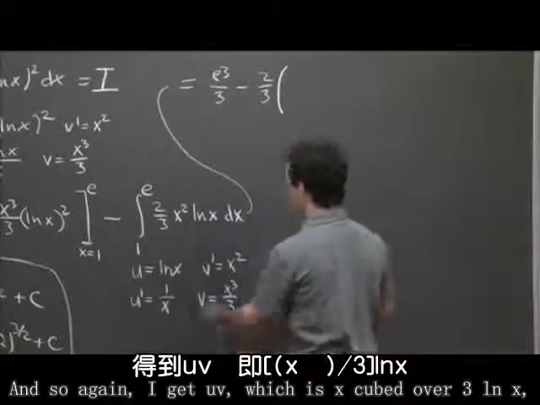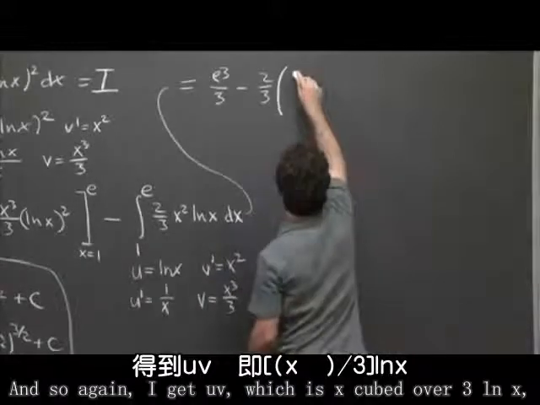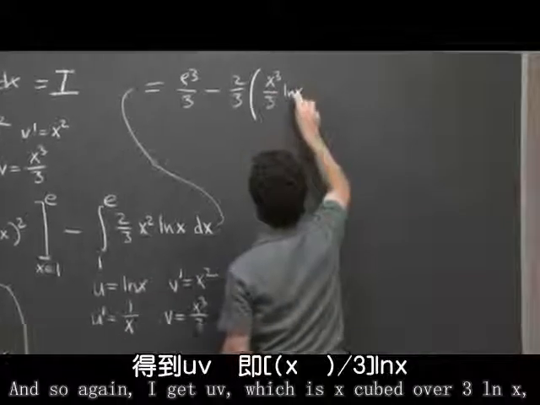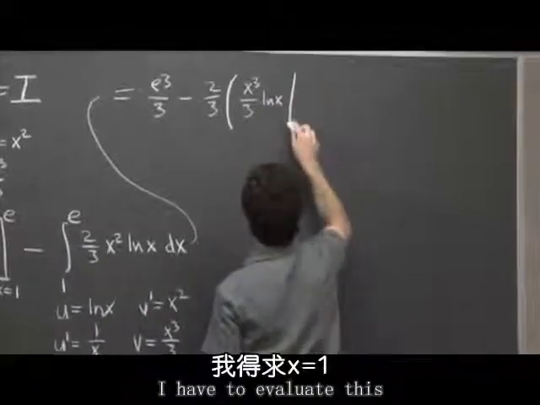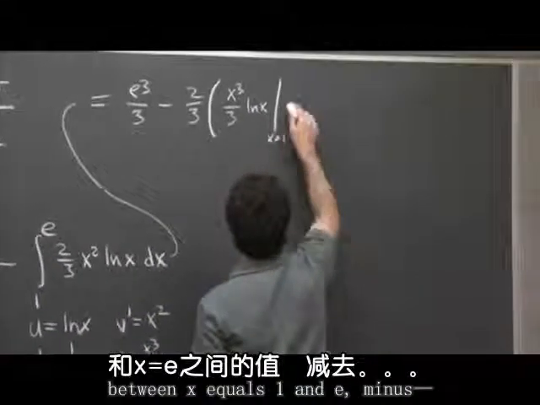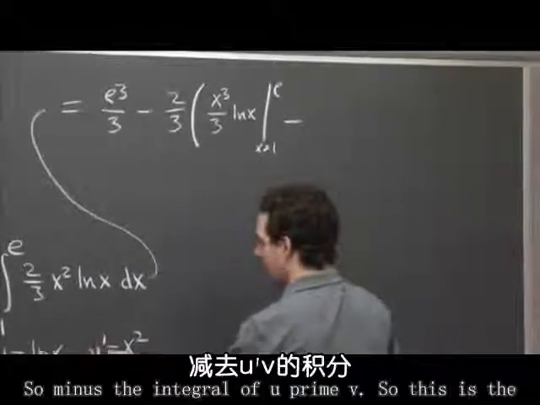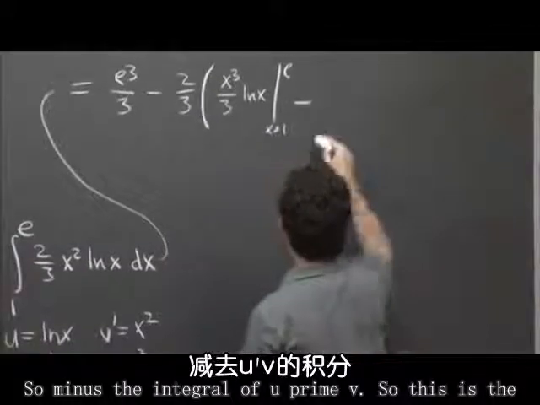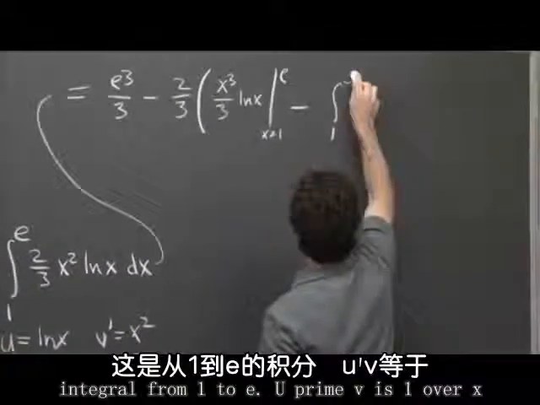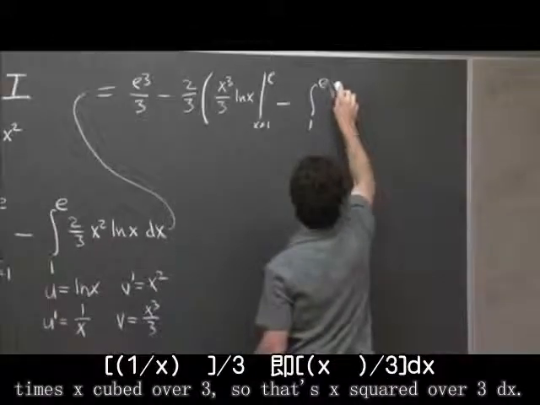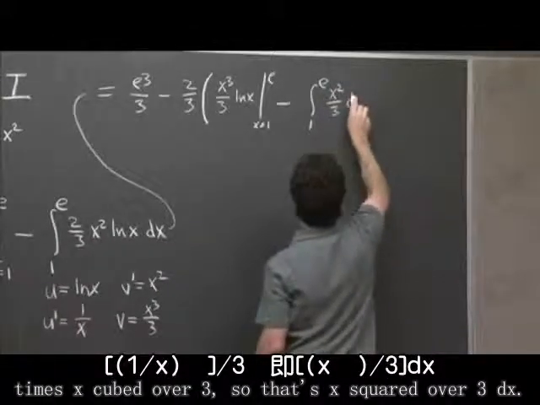Again I get uv, which is x cubed over 3 ln x. Because it was a definite integral, I have to evaluate this between x equals 1 and e, minus the integral of u prime v. So this is the integral from 1 to e. u prime v is 1 over x times x cubed over 3, so that's x squared over 3 dx.